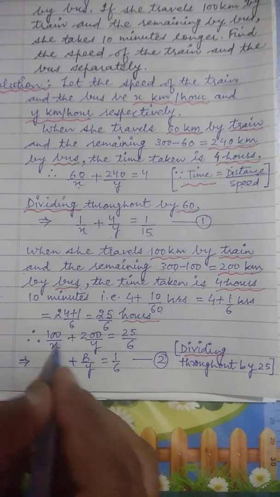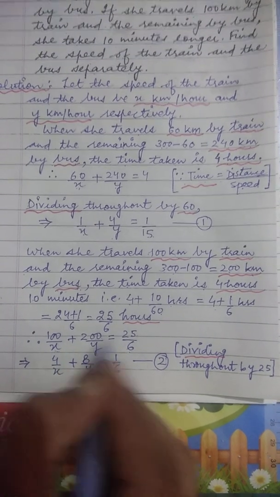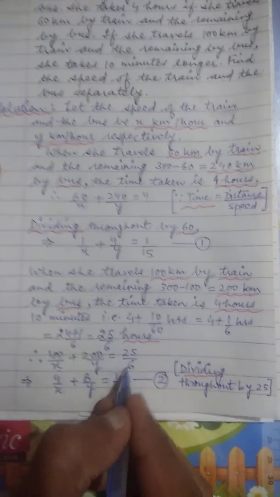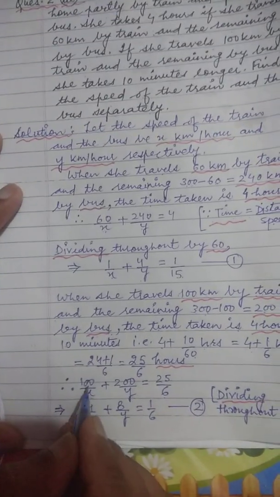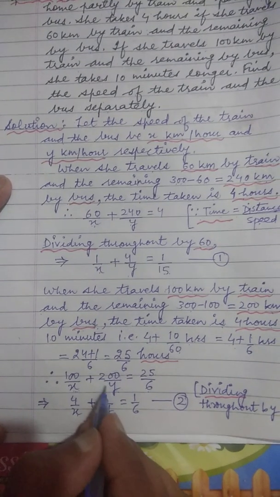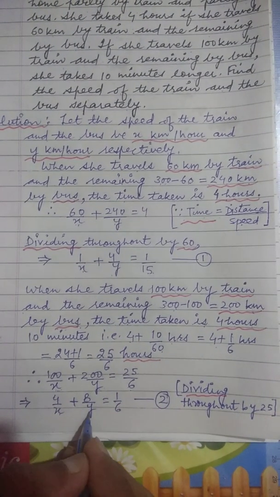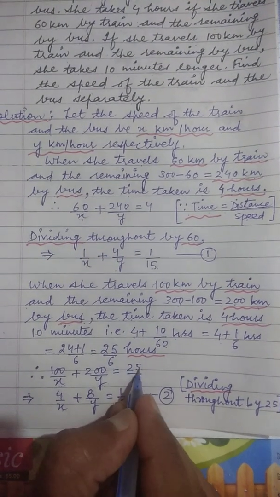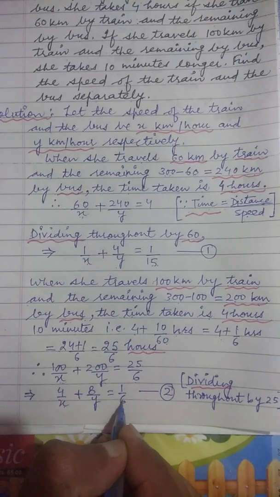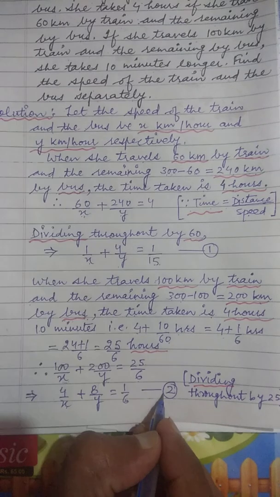So we divide all the terms of this equation throughout by 25. So 100 upon 25x will give you 4 upon x, 200 upon 25y will give you 8 upon y, and 25 upon 25 into 6 will give you 1 upon 6. Let it be equation number 2.